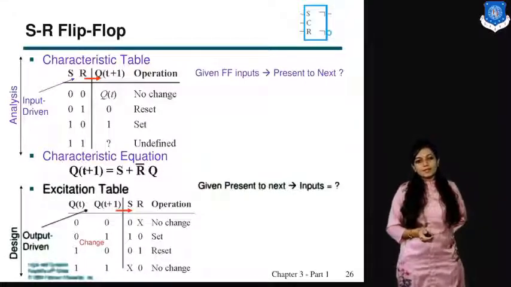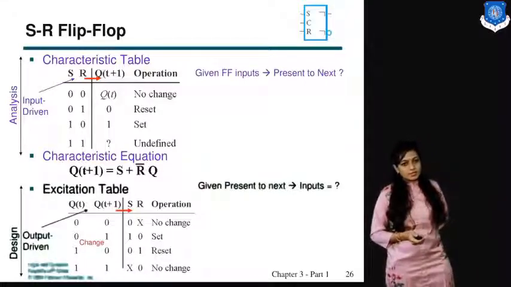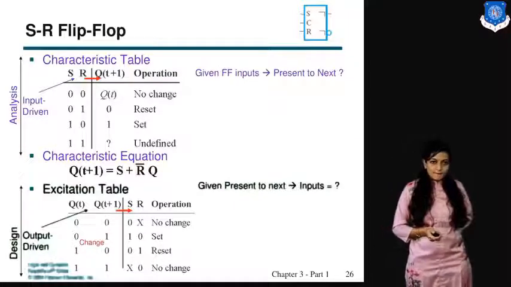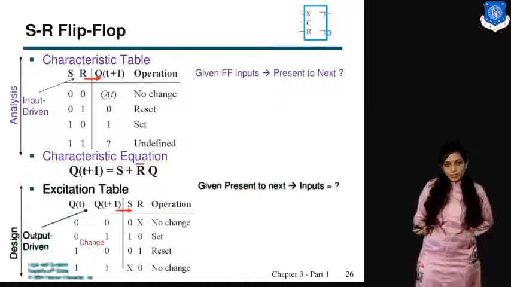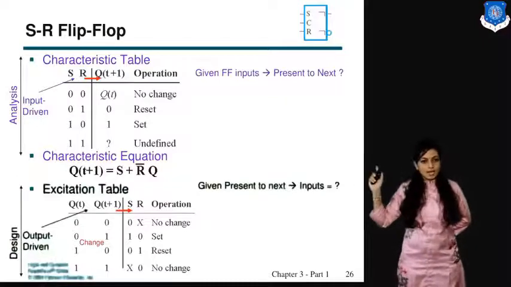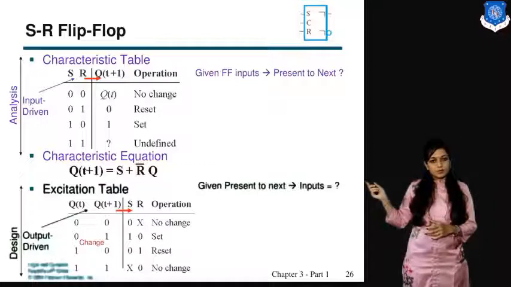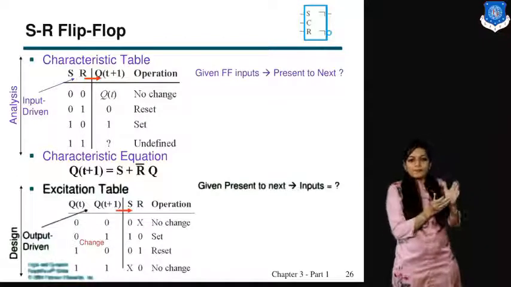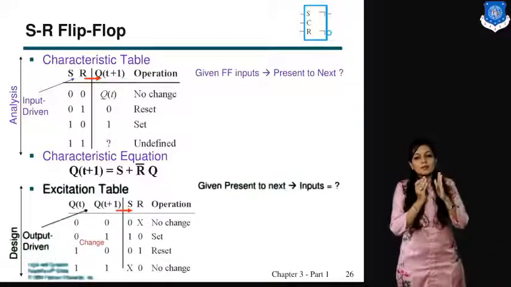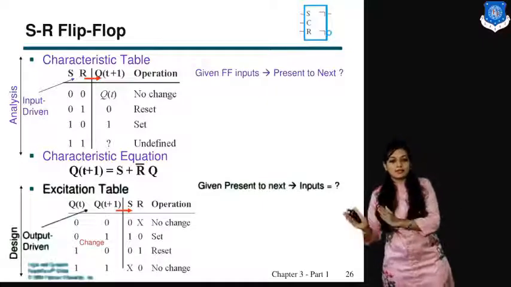What is the difference between the characteristic table and the excitation table? Characteristic means we know the state of S and R, and based on that we obtain its next state. So for the given flip-flop input, what is my present state and what is my next state?